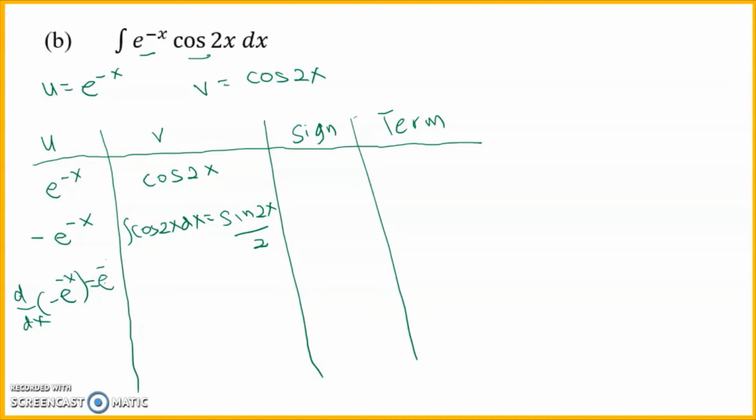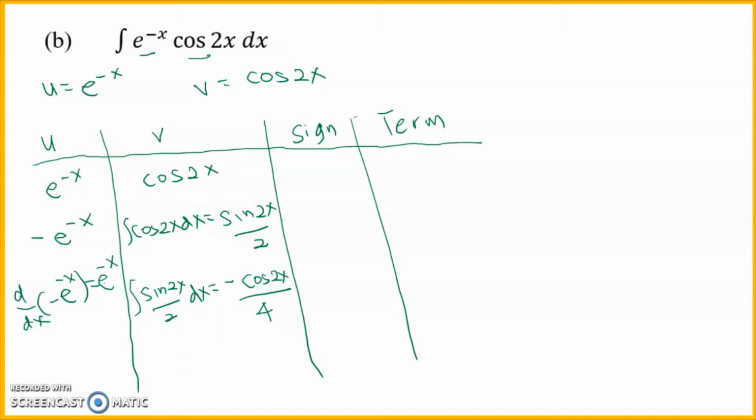Now integrate sine 2x over 2, and I get negative cos 2x over 2, and initially we have over 2, so now it becomes over 4.